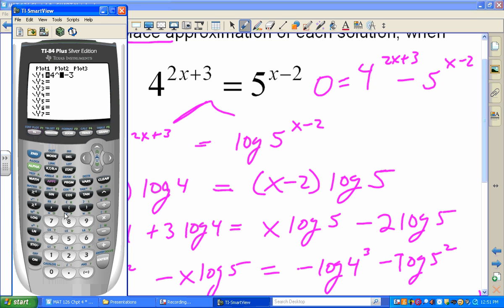4 caret 2x plus 3. Some people use a seed in the solver. I don't like that. 5 caret x minus 2. And then I'll get this decimal, and then I'll check them with both of them. Zoom 6.